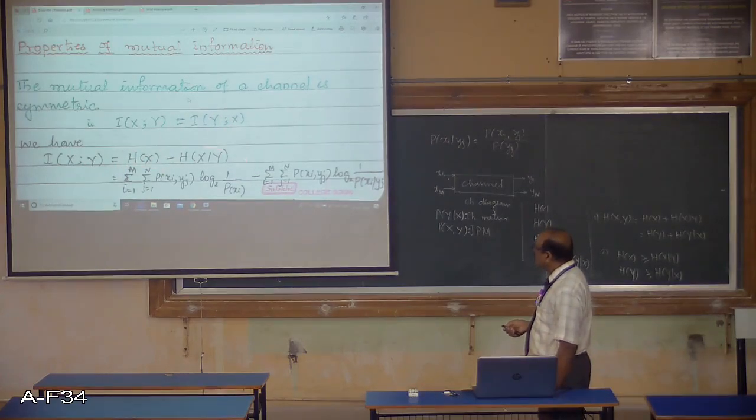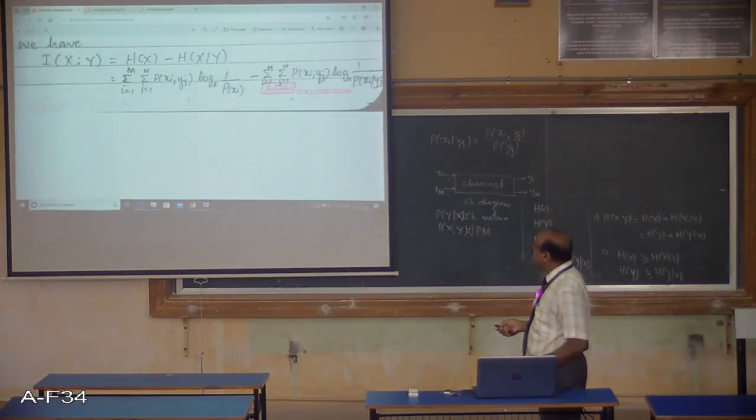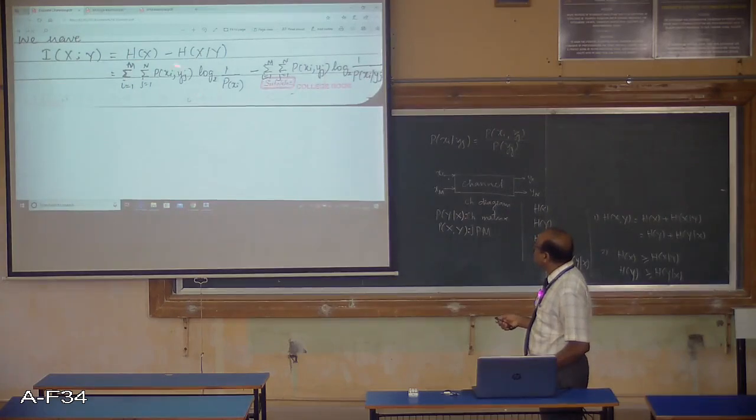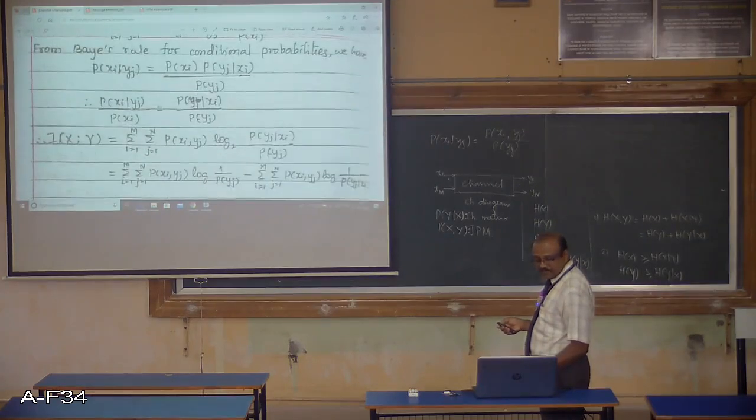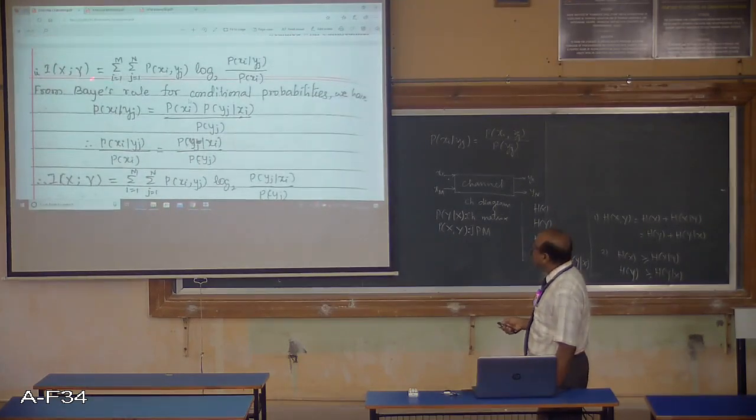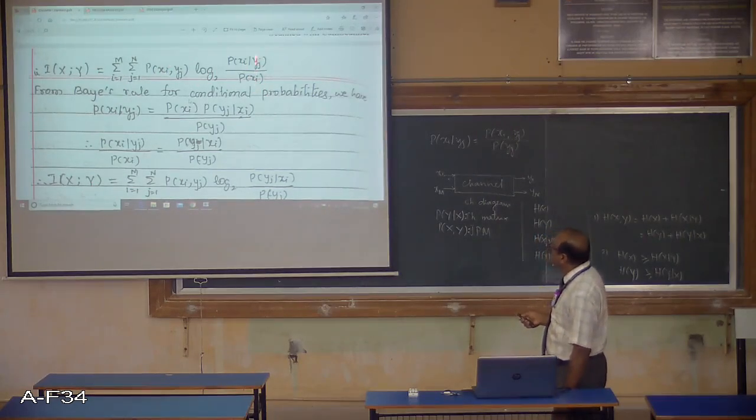I(X;Y) is given by the difference in these two entropies, and we can prove this relation mathematically. H(X) has this definition, conditional entropy has this definition, and this is the difference as usual. We take p(xi) common, and log a minus log b is given as log a by b.